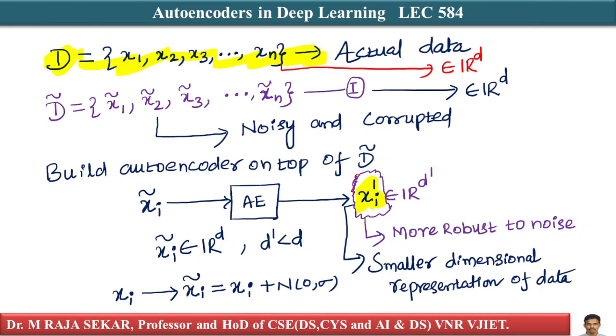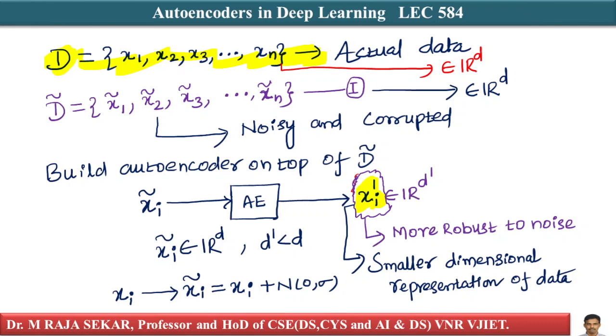This xi is your original data. First step, they create noisy data points. Xi is the original data points. Xi tilde is the noisy data points.